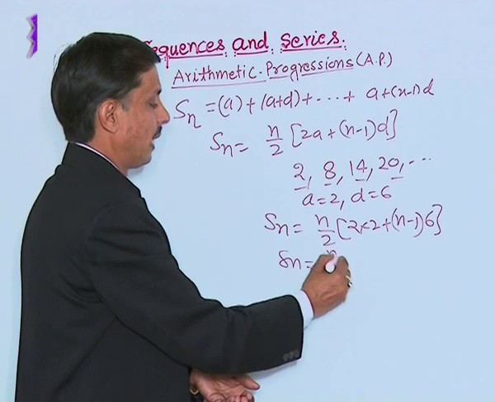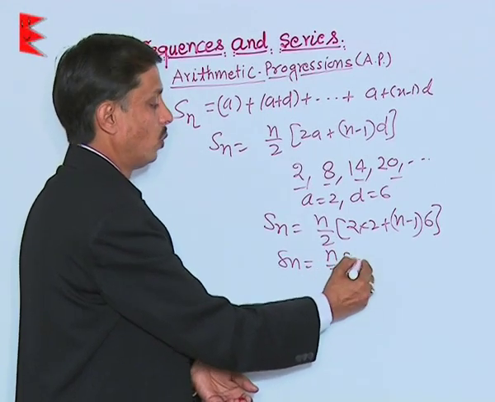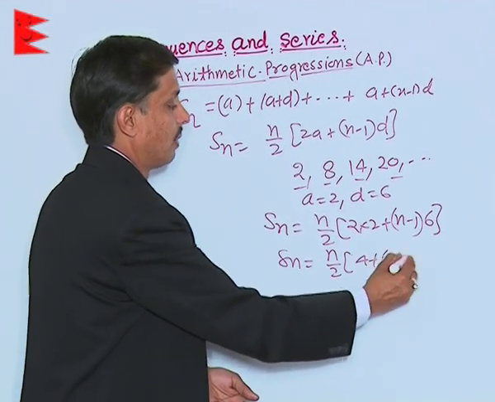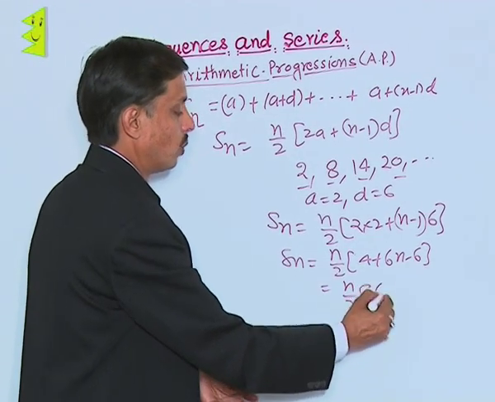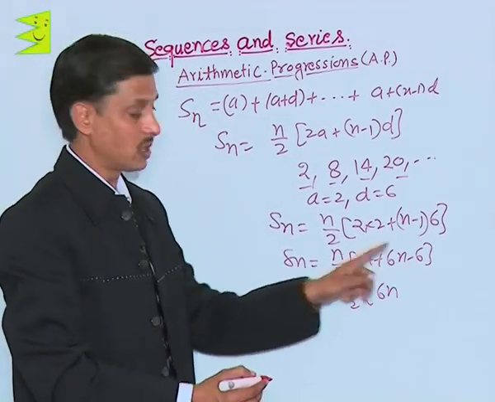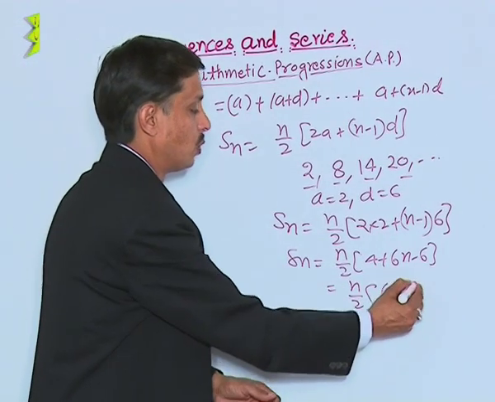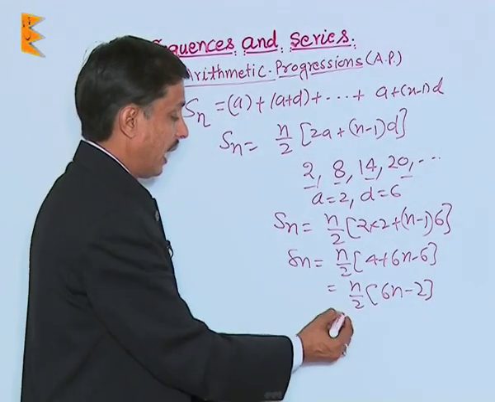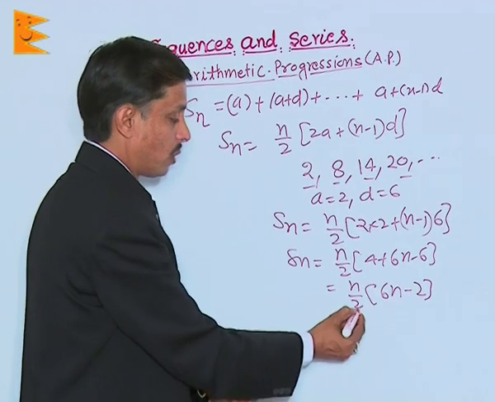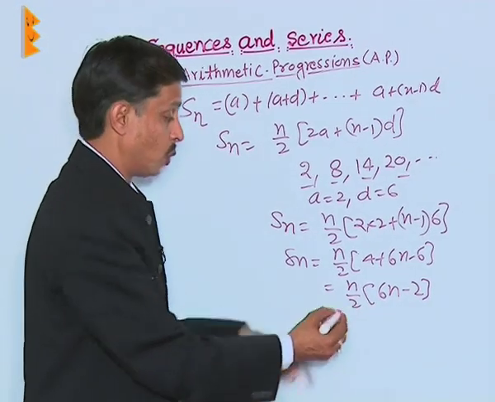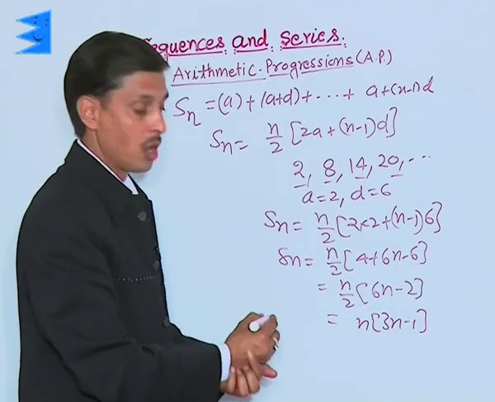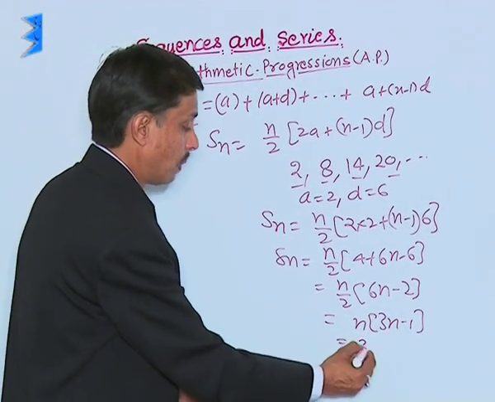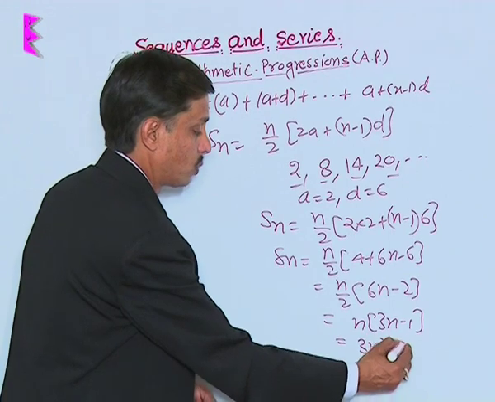So the answer of Sn comes n by 2 into (4 plus 6n minus 6), or n by 2 into (6n minus 6 plus 4), this gives minus 2, and if 2 is common and cancelled with this 2, this becomes n into (3n minus 1), or in the most simplified form 3n square minus n.